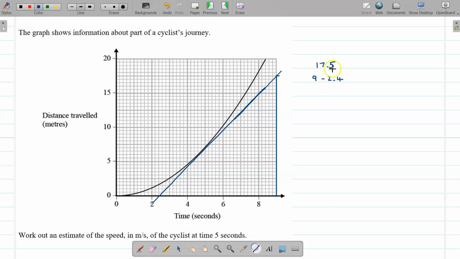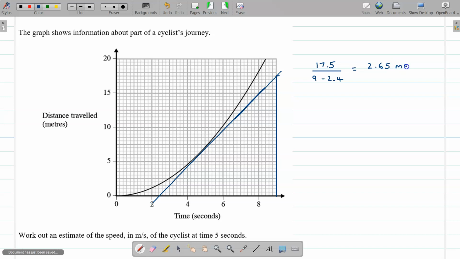And when you put that on the calculator, that comes out at 2.65 to 3 significant figures. 2.65 meters per second.